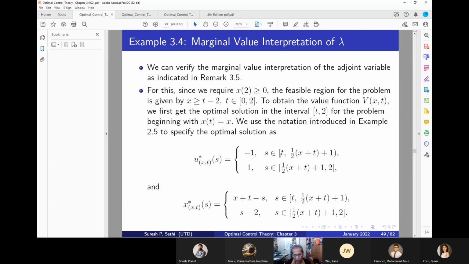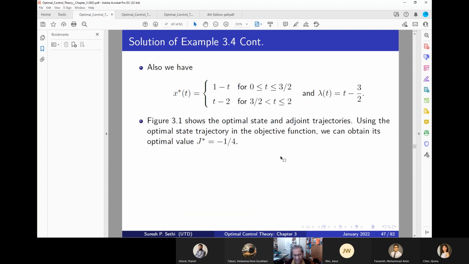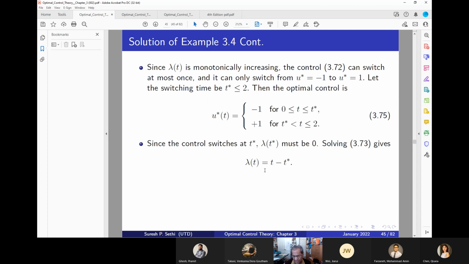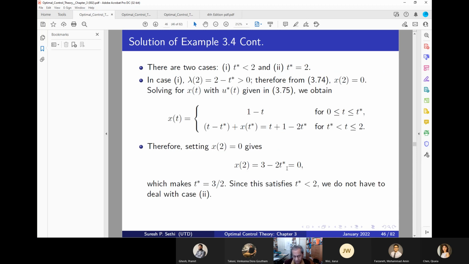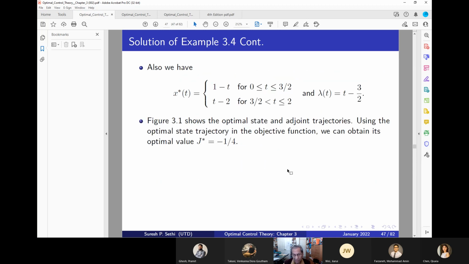We will now want to show that this lambda t that we got, which is t minus 3 divided by 2, is t minus 1.5. This has this value: if I give you epsilon more x, then my objective function will change by t minus 3 divided by 2 times epsilon.